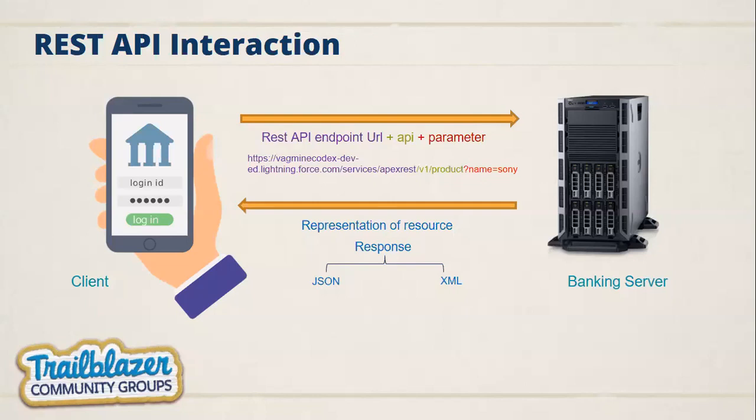Normally in the force.com database, data is stored in tabular format, but the client does not require a tabular format. They need a different format, probably JSON, probably XML. Sometimes we need images as well. Based on whatever the client has requested, you have to give data in their format.